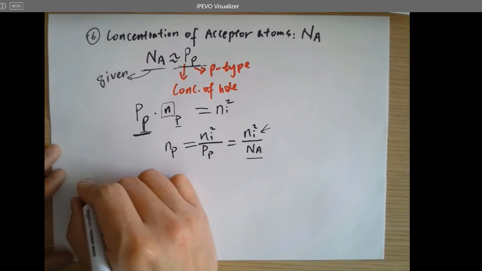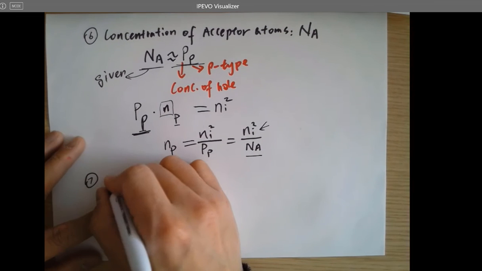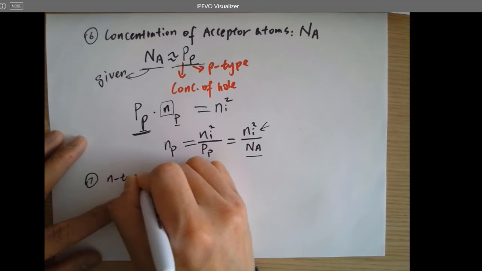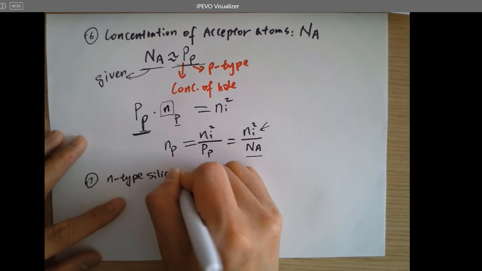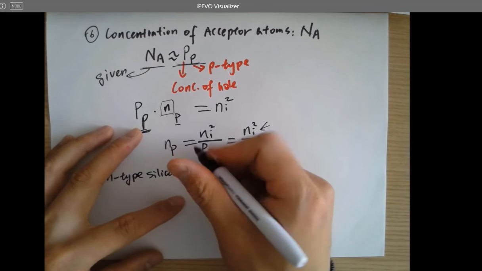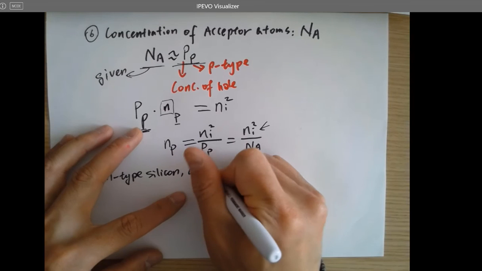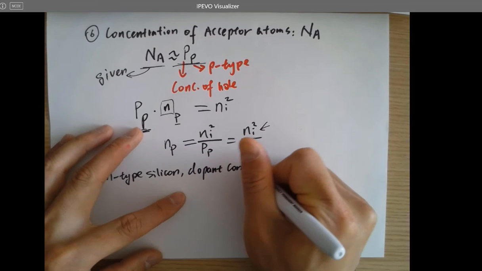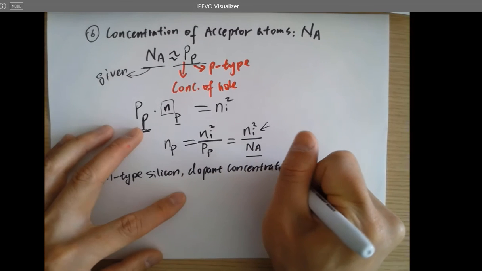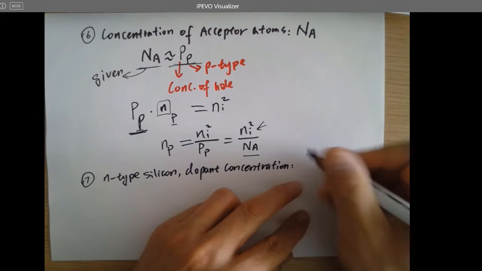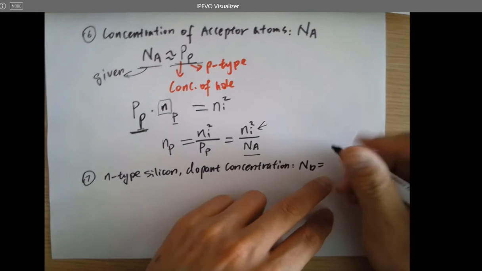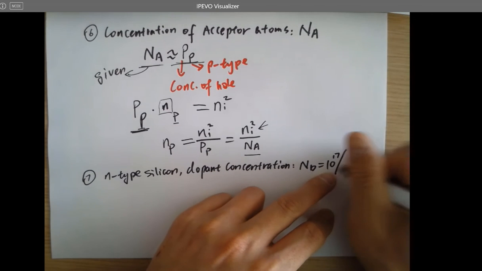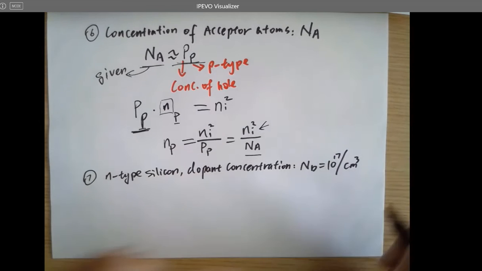One example: N-type silicon. The dopant concentration is like this: ND equals 10 to the 17th per cubic centimeter.